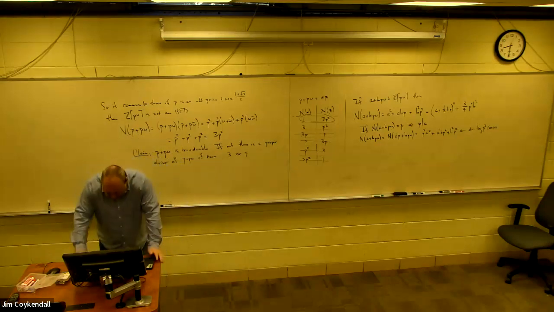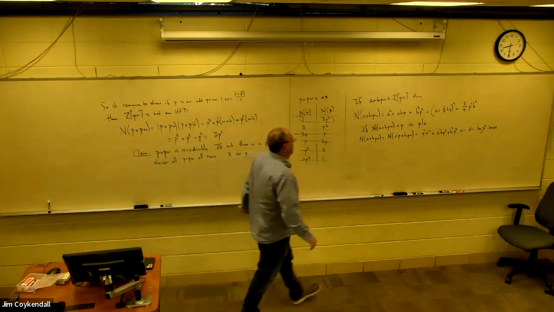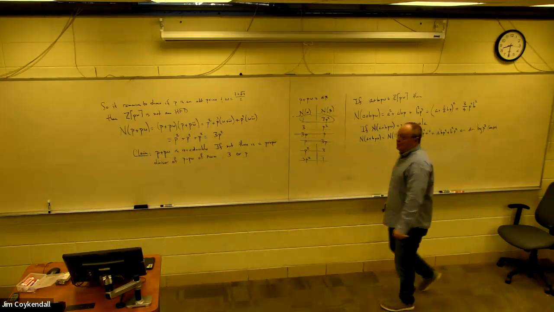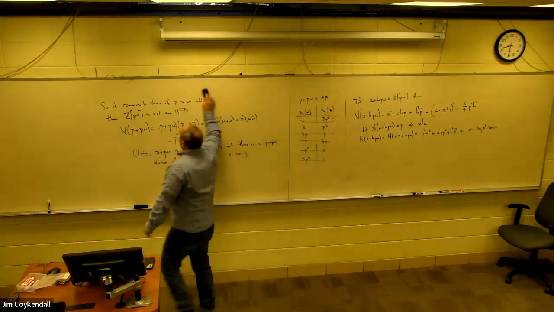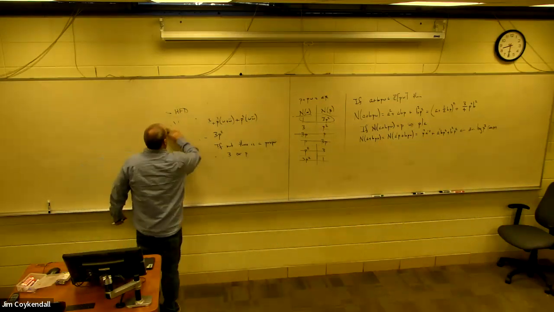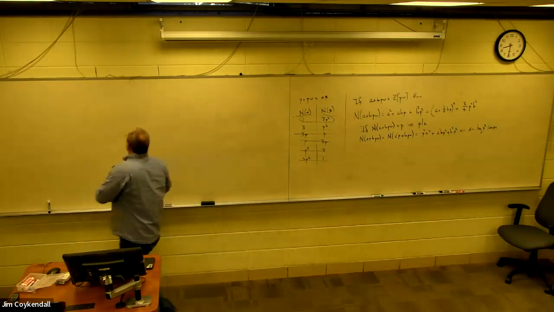And there's a couple of ways to do this, but you could argue what the elements of norm p squared would be like. But here's another way to do this.